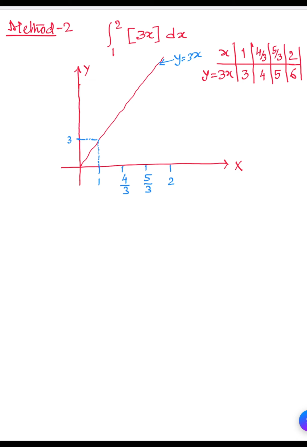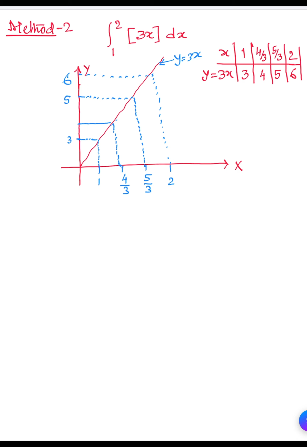At x equals 4 by 3, 3x is 4. So this is 4. At x equals 5 by 3, it is 5. At x equals 2, y is 6.